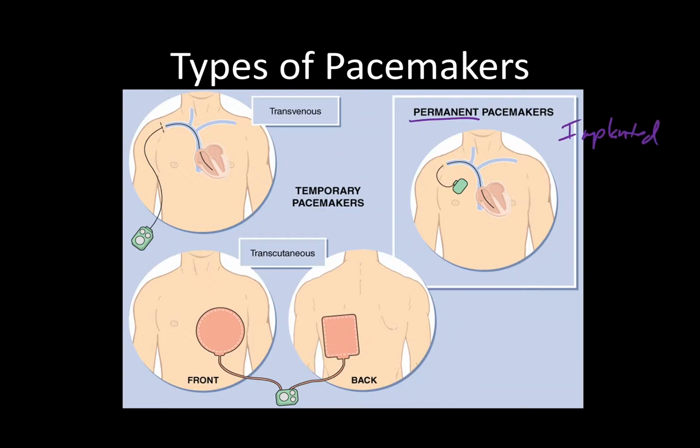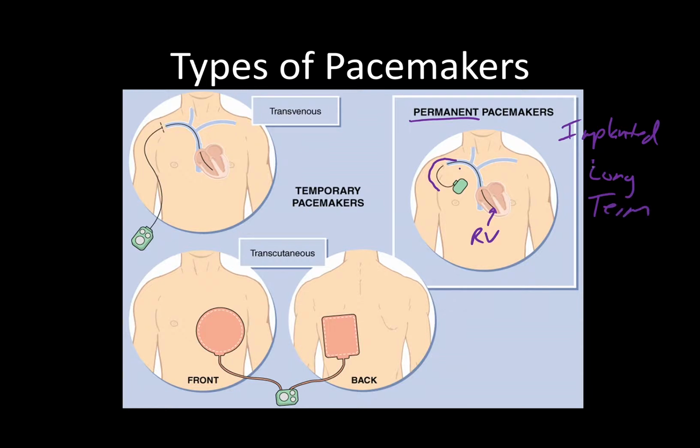It goes underneath the skin, and the wire, as you can see here, actually goes through the subclavian vein, superior vena cava, and terminates inside the right ventricle. That's the most simple and pretty much most common version that we talk about when a person gets a pacemaker. It gets more complicated from there, but we'll just start with this for now. This one here is long-term.